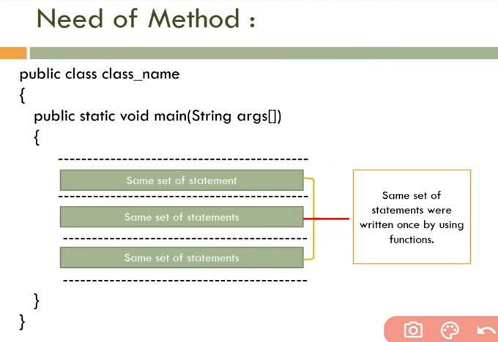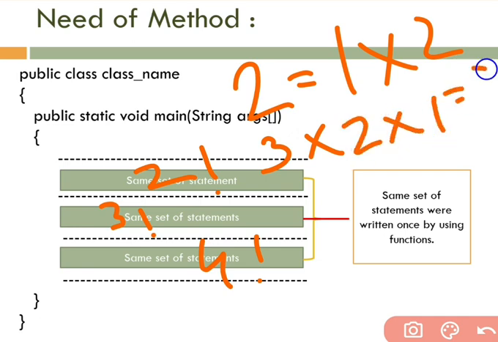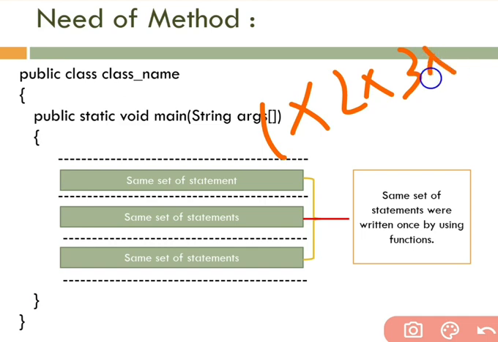See, a small example I'm taking: factorial of 2, factorial of 3, factorial of 4. Factorial of 2 is 1 into 2. Factorial of 3 is 1 into 2 into 3. And factorial of 4 is 1 into 2 into 3 into 4.